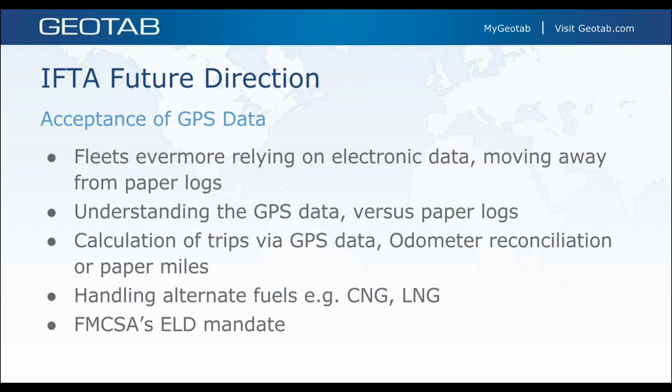Just another piece that IFTA is dealing with as technology changes is how to handle alternate fuels, and specifically to standardize conversion rates within the various different jurisdictions. And then one other important one is the FMCSA's ELD mandate, which, as Eric indicated, could affect as many as 3 million different vehicles.